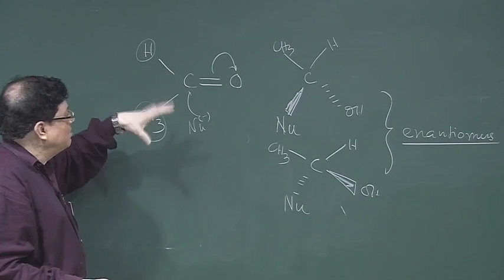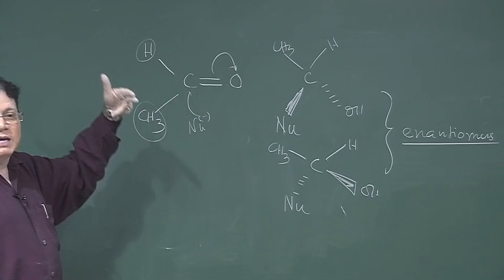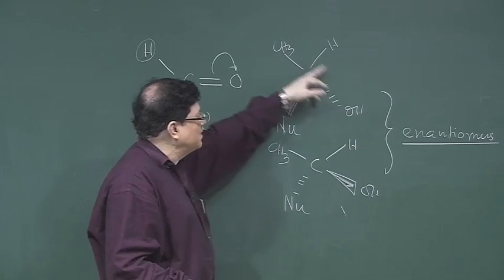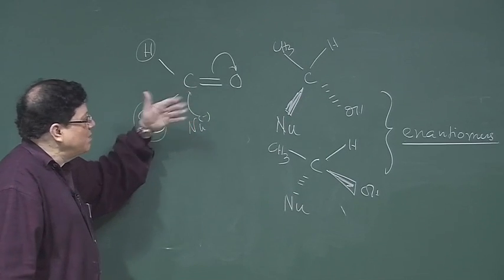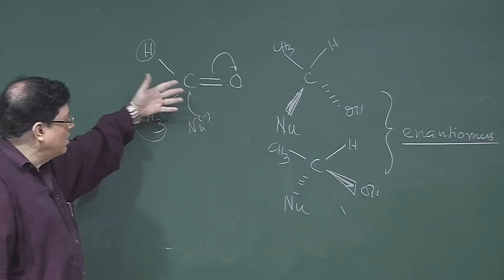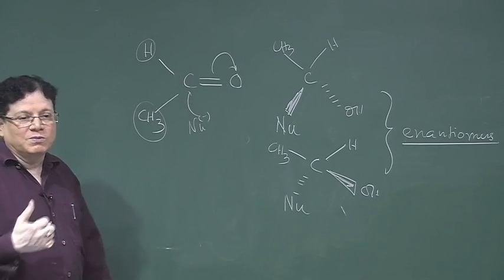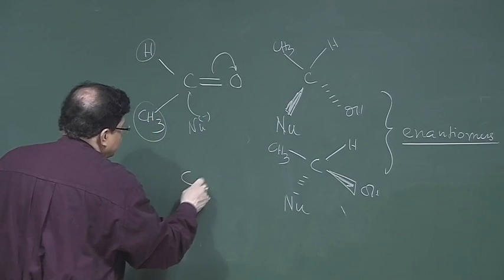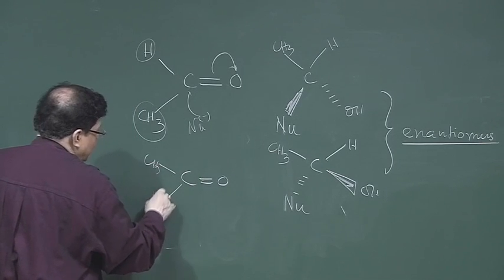Suppose I have some restriction that this is a wall, the reagent cannot come from the bottom side, the nucleophile has to come from this side, then I will only get this compound and not that compound. So, there must be a descriptor for the faces that we have. We cannot just say top face and bottom face, because the same compound can be obtained if I write it in a different way, with the methyl at the top and the hydrogen at the bottom.